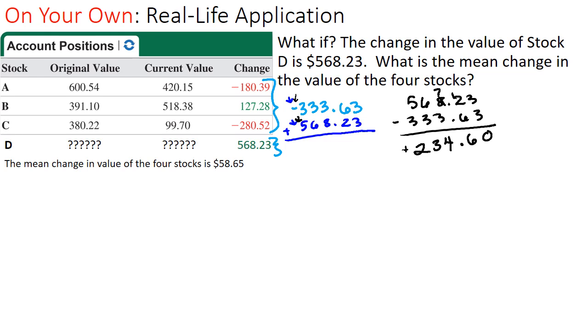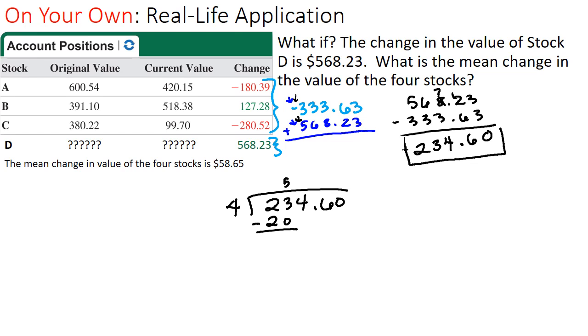So I'm going to take this new number right here, and I'm going to divide this new number by 4. So we're going to take 234.60 divided by 4. 4 does not go into 2, so I need to check for 23. 4 does go into 23, it goes 5 times, so that's going to be 20. 23 minus 20 is going to give me 3, so I need to bring down that 4. 4 goes into 34 8 times, so 4 times 8 is 32.